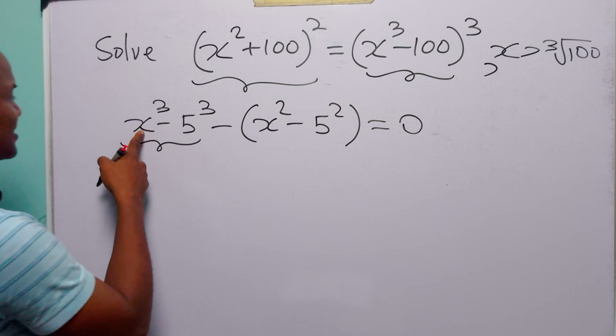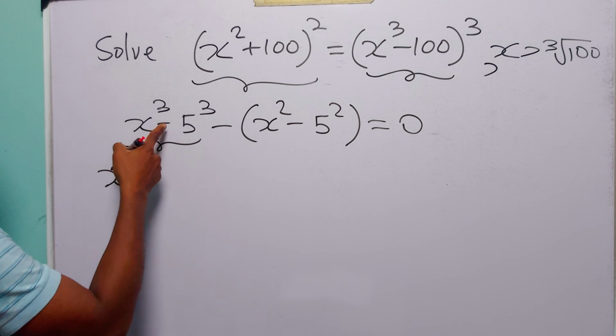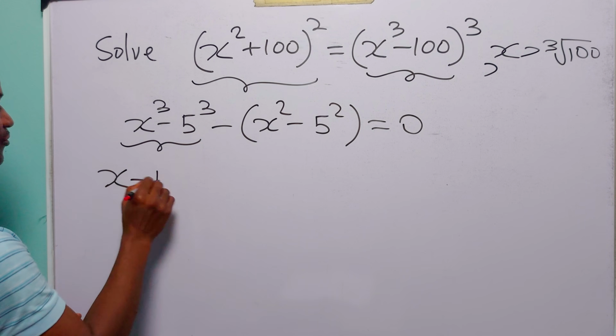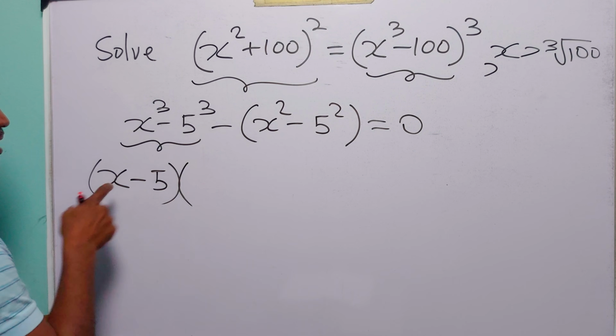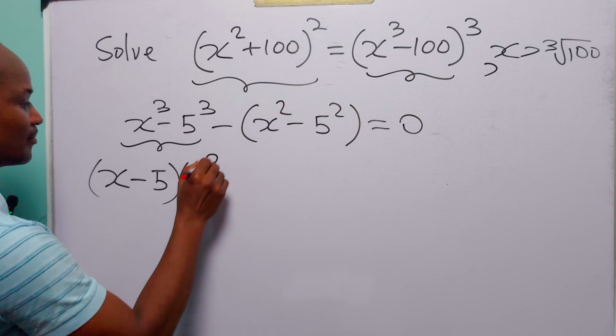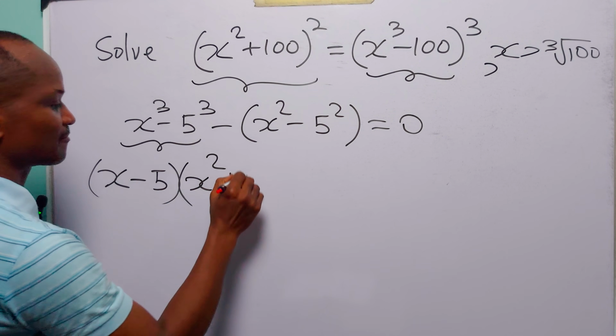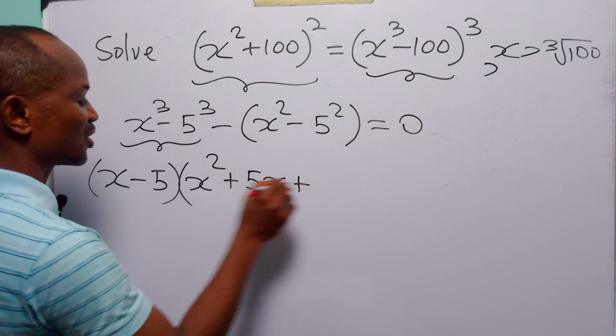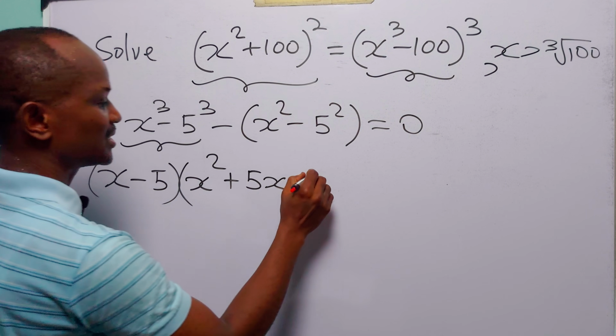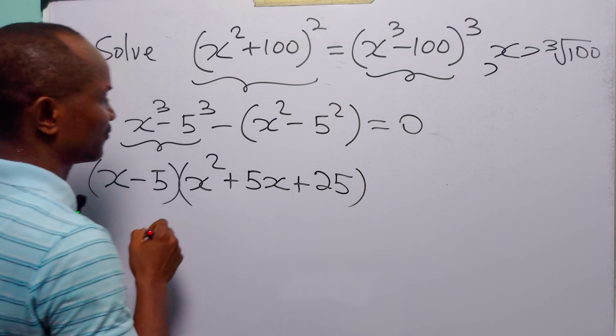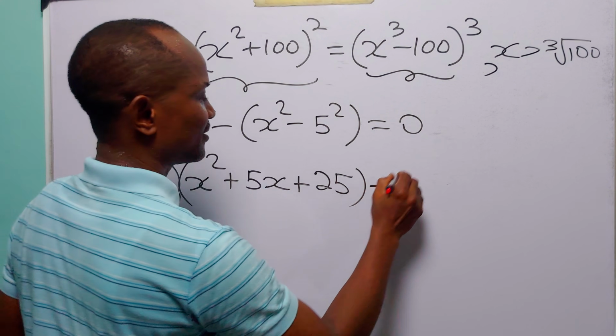We can factorize this as x minus 5 into x squared plus 5 times x plus 5 squared, which is 25. Then we have minus.